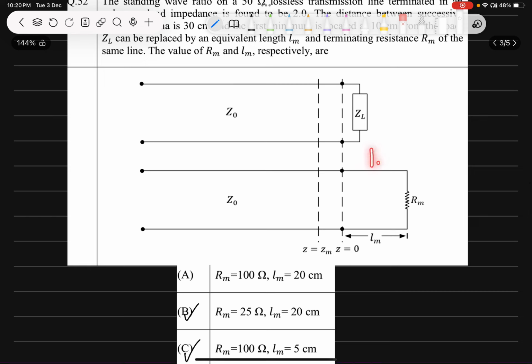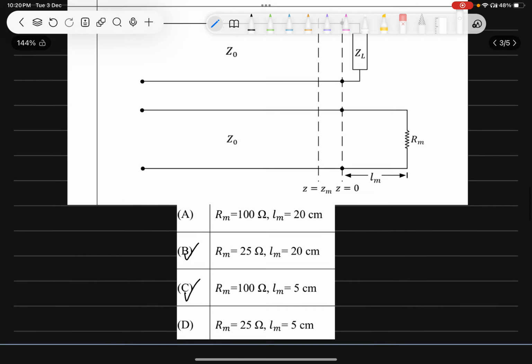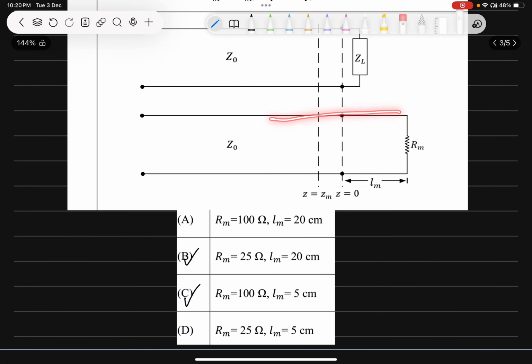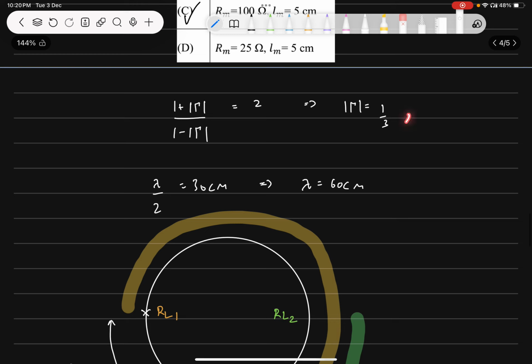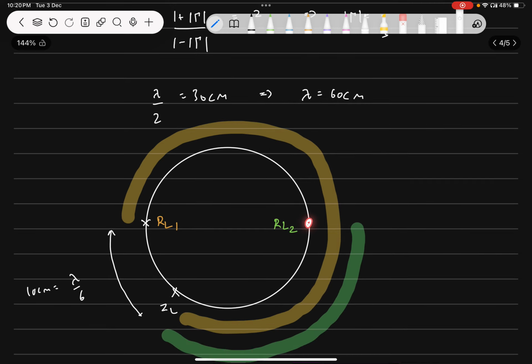The magnitude of the reflection coefficient remains the same throughout the line, only the phase changes. When we are here, this is purely resistive, and since it is purely resistive, the reflection coefficient can be either 0 degrees or 180 degrees in phase. Since the magnitude is fixed across the transmission line, it can be either 1 by 3 or minus 1 by 3. When it is 1 by 3, we are here because the angle made is 0, and when it is minus 1 by 3, we are here because the angle made is 180 degrees.